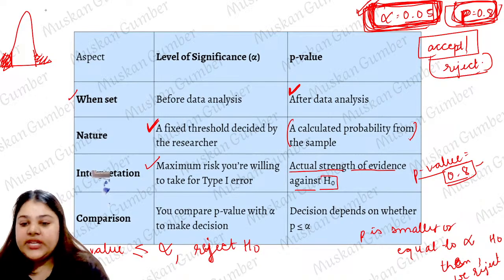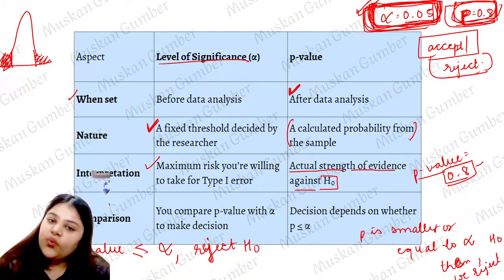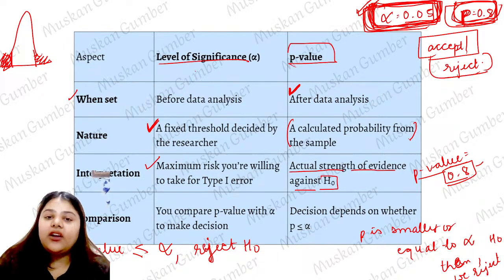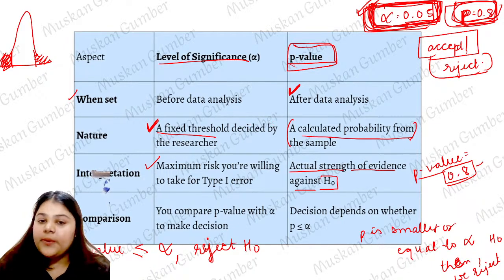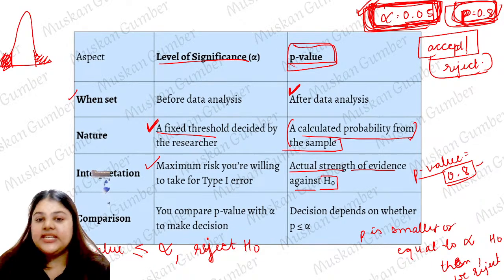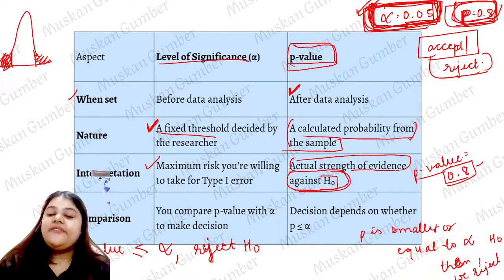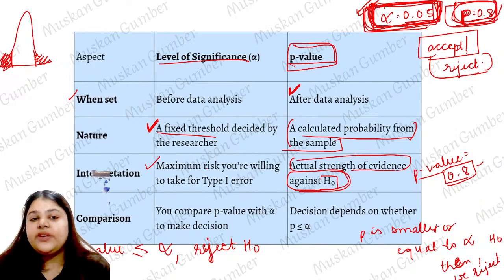Correct? So you need to first of all understand this, that the level of significance is what you are setting. P-value is what we are obtaining after calculation and after looking at the table, etc. Okay? We know this is the threshold that we are setting. This is the calculated probability. P-value is the strength of evidence against our null hypothesis, which will tell us whether to accept or reject. And how will we know whether to reject or accept our null hypothesis?